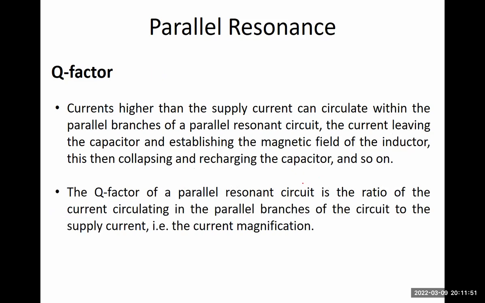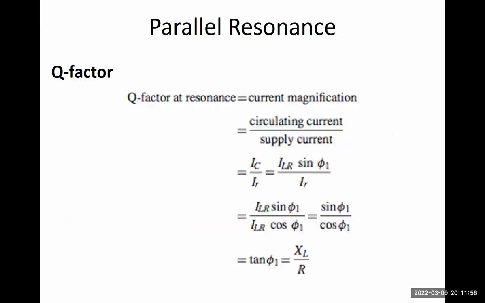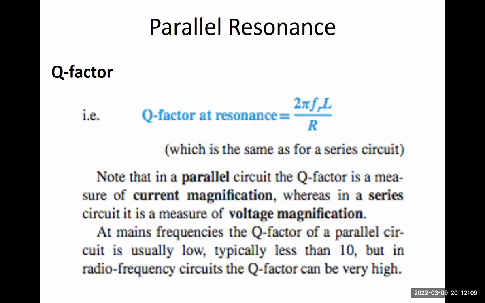Likewise with series resonance, parallel resonance also has a Q factor. The parallel resonance Q factor can be determined by the ratio of XL and R, so we could make use of the formula 2 pi fr L over R, which corresponds to XL divided by R. But note that in a parallel circuit, the Q factor is a measure of current magnification, while in series resonance, the Q factor is voltage magnification.